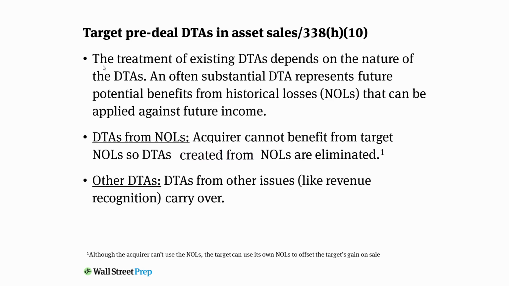They're called NOLs, and the fact that you can carry forward those NOLs leads to the creation of a deferred tax asset. So if a company going into a deal has these, the acquirer cannot actually benefit from those NOLs. So the DTAs that are due to the NOLs are eliminated.